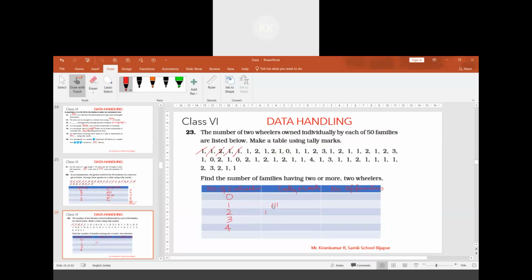Here space I have to manage, so I am writing this side. So 5 are over. 2, 1, 2, 0, 1.